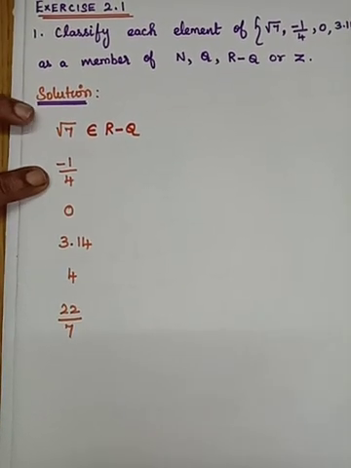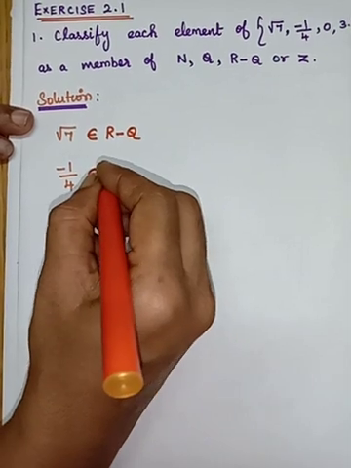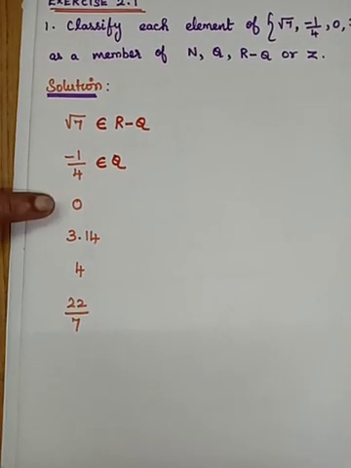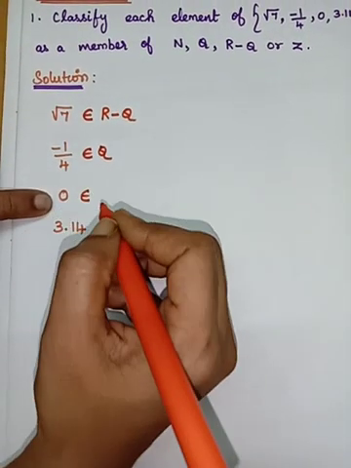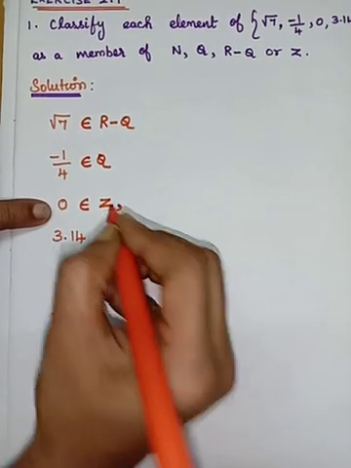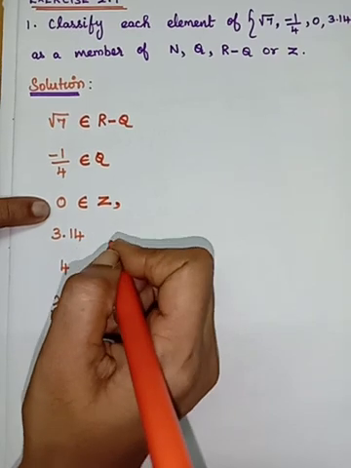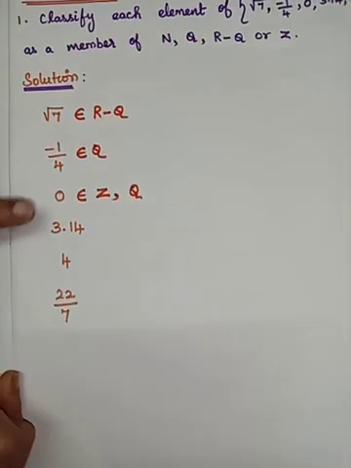It is a fraction, so it belongs to the rational numbers, that is Q. Come to 0. 0 we can very well say is an integer, so it belongs to Z. As well, we can write 0 as 0 by 1, 0 by 2, so it is in fraction form. So we can say 0 is a rational number.